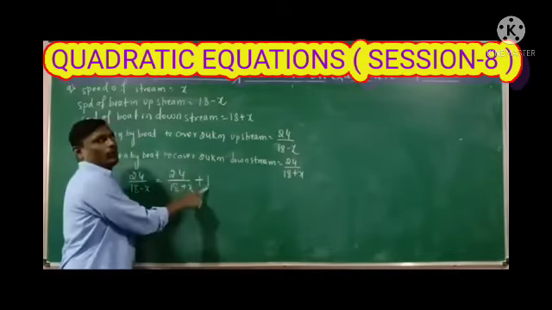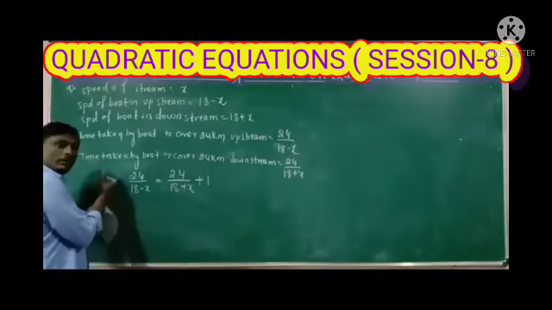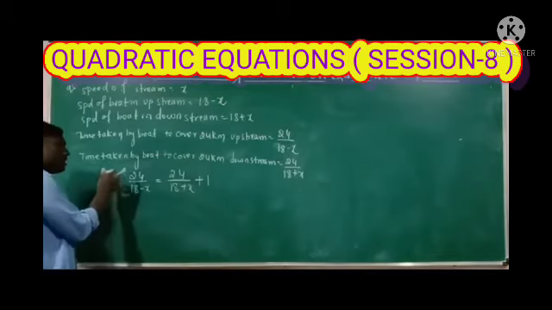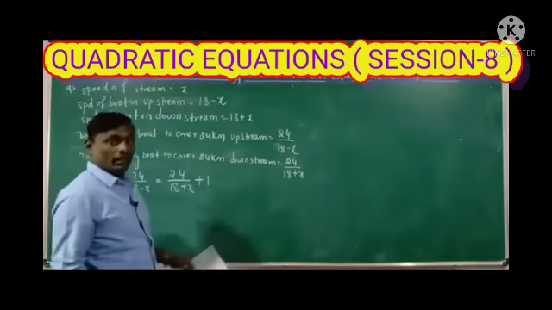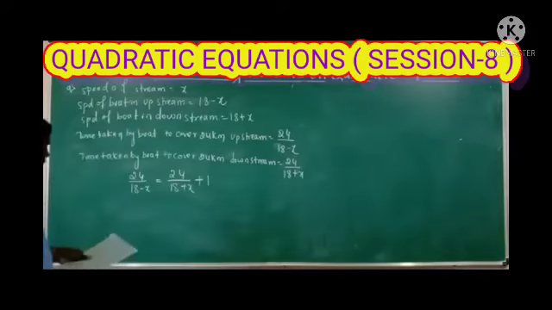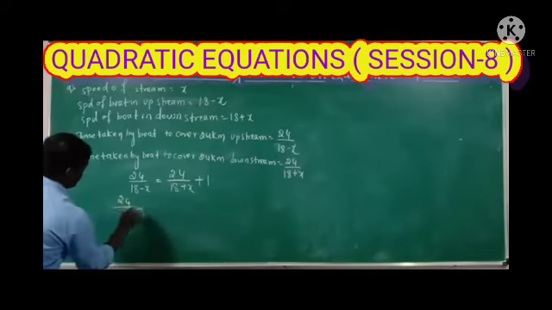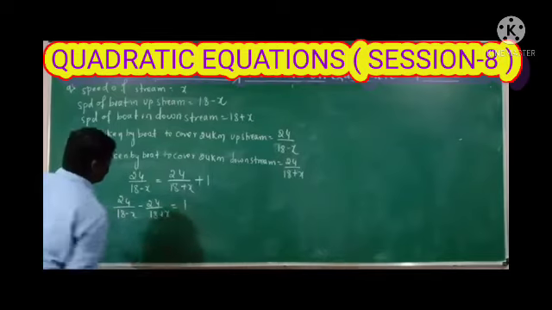That's why we are adding 1 to the downstream part, right? Or we can subtract 1 here, because it will cover the same distance 1 hour later. Okay, now simplify this quadratic equation. First take this one to the LHS part: 24 divided by 18 minus x minus 24 divided by 18 plus x, which is equal to 1.